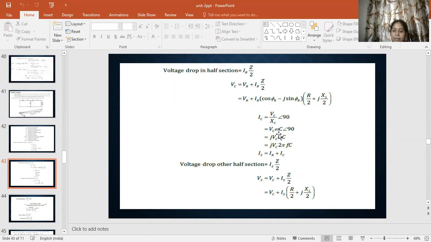XC is nothing but 1 by omega C, that can be written here as VC by 1 by omega C, so omega C into VC we can get. In the complex form we can write j into VC into omega C, and here at an angle 90, so that is in the complex form, where omega is nothing but 2 pi f.